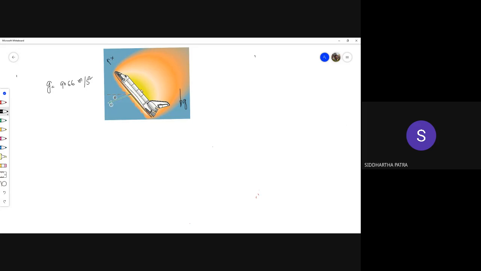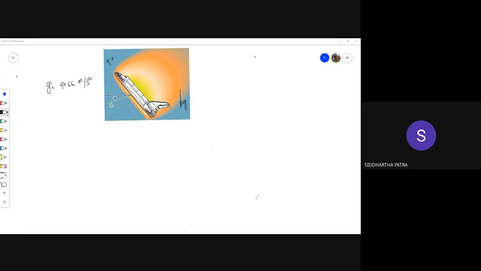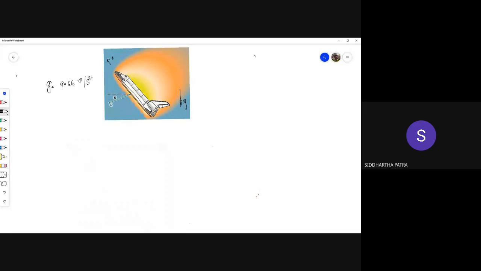The aircraft is somehow moving in the direction the velocity is shown. So this is the horizontal direction, and it makes an angle theta, and the value of theta is also given as 1.5 degrees. So it is somehow moving not along its length.